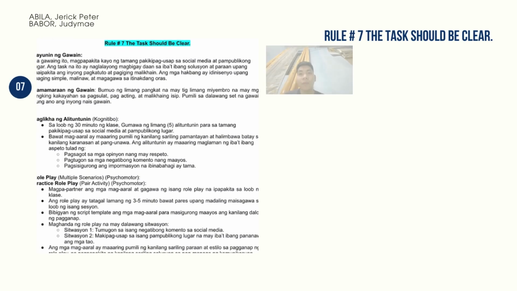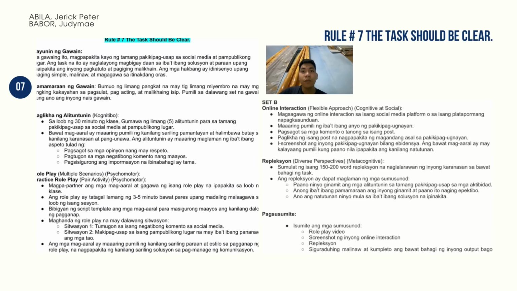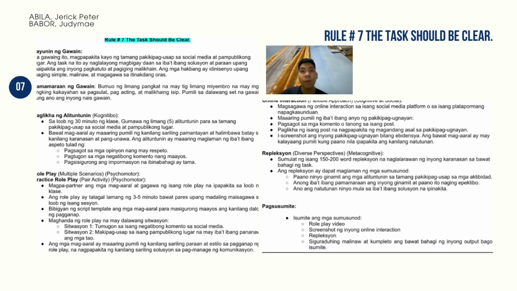In our improve item, we have now layunin ng gawain, pamamaraan ng gawain, and specific steps for paglikha ng alituntunin and any set A and set B. And we now have a pagsumite, which is isumite ang mga sumusunod: roleplay video, screenshot ng inyong online interaction, reflection, at we have guidelines, siguraduhing malinaw at kumpleto ang bawat bahagi ng inyong output at isumite.